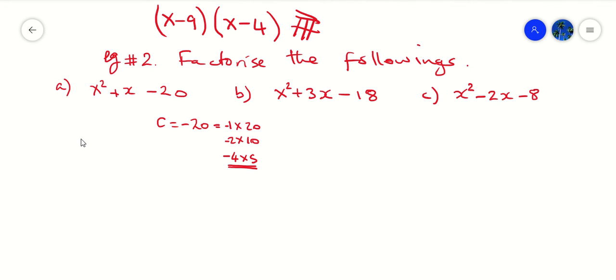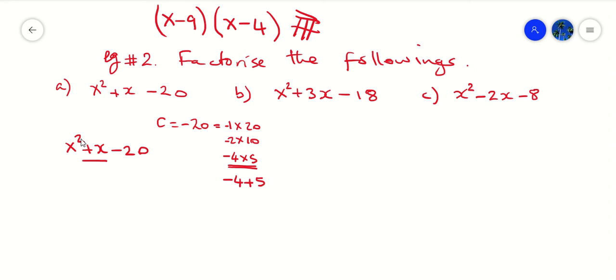Kwa hiyo naweza nikazitumia hizi kuzi add ili kuweza kupata x. Kwa hiyo expression yangu x square plus x minus 20. Nachotaka kukisplit ni positive x. Kwa hiyo nikizitumia hizi 4 inayo negative. Kwa hiyo nikiipa 5 positive nitakuwa minus 4 plus 5.